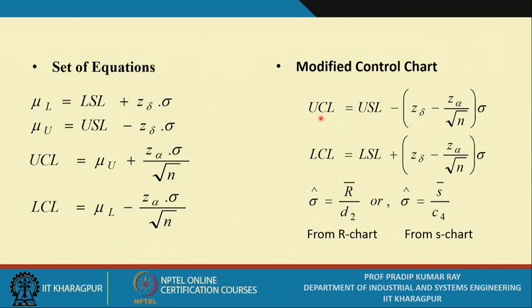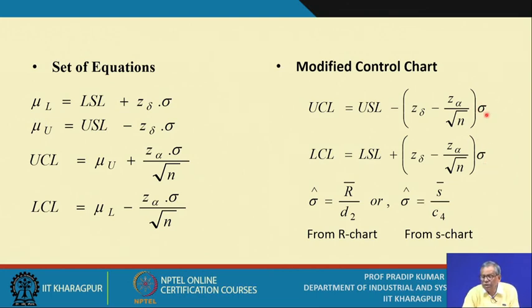So when you consider both these sets of equations, the upper control limit is equal to the upper specification limit minus Z delta minus Z alpha divided by root n into sigma, and the lower control limit is equal to LSL plus Z delta minus Z alpha divided by root n, n is the sample size, into sigma.